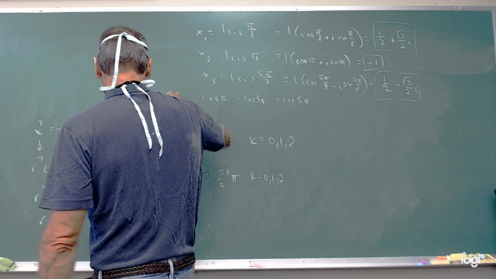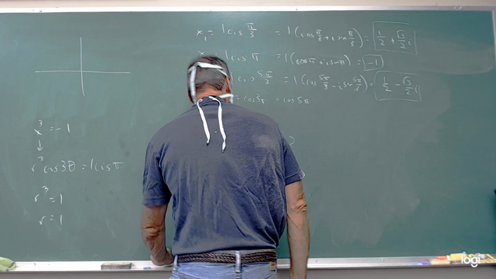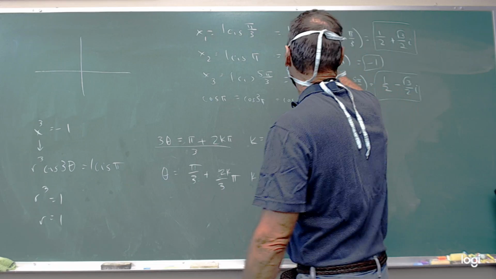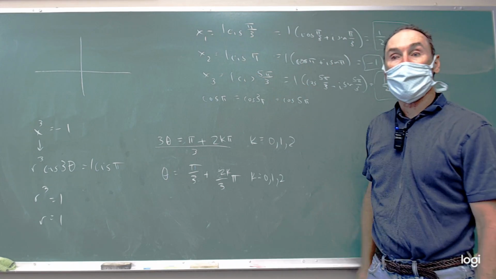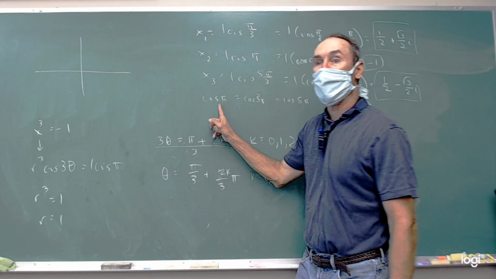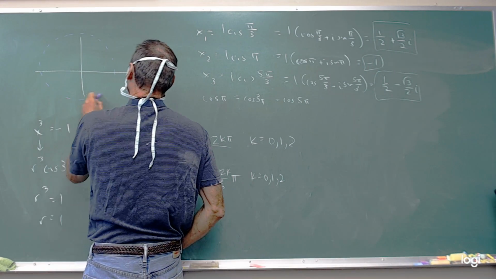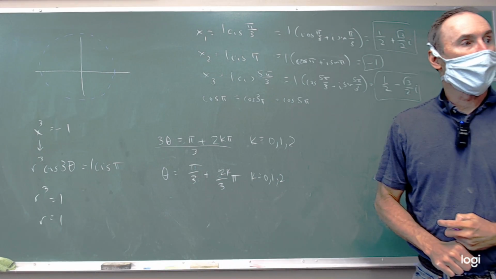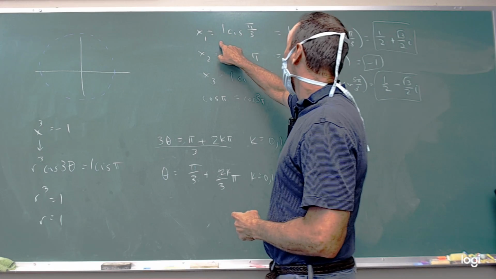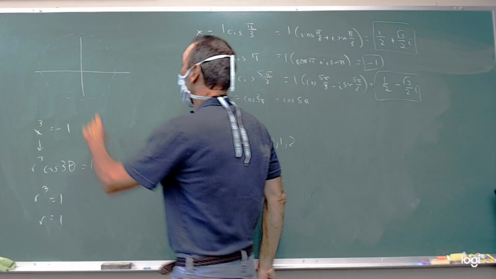Let's graph these a little bit, just so you can see it. So if you take the first one, I'm going to think of it more in cis form. All of these have a radius of 1. See that? 1, 1, 1. I should have drawn my circle first. So there's a circle, use your imagination, of radius 1. The first cube root of -1 is an angle of pi over 3.